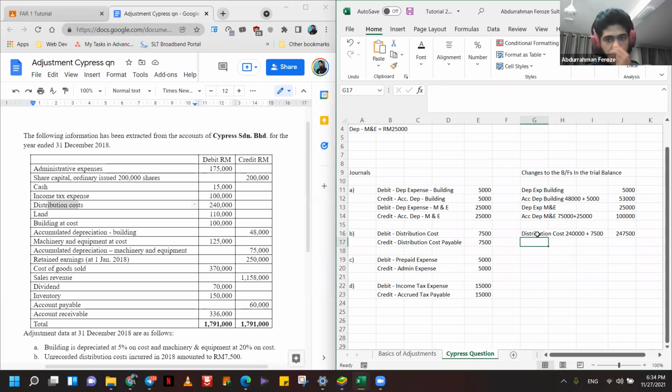And then there is no similar entry, so distribution cost payable, we'll have to create a new one. And this is 7,500.